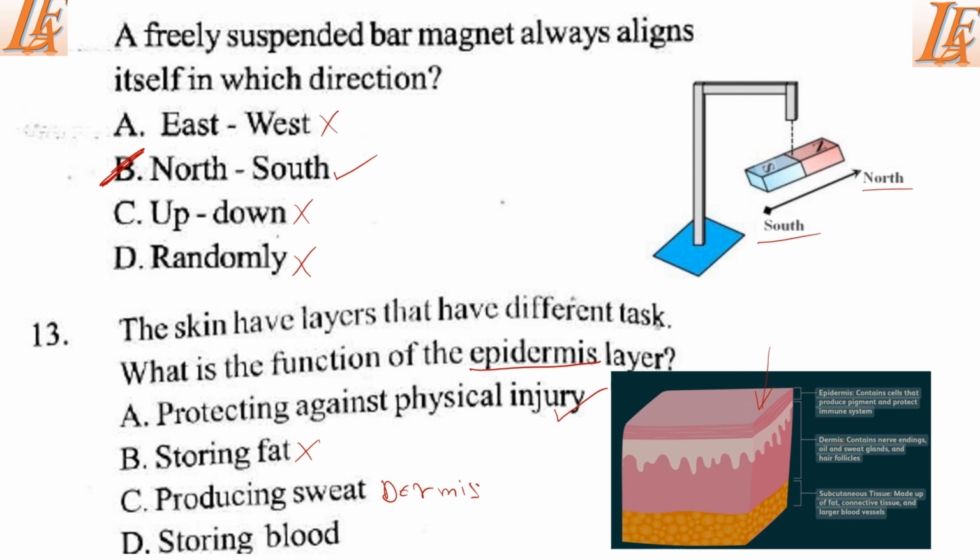And then D, storing blood. Blood is stored in blood vessels, so this one is not. So the correct answer in this case is protecting against physical injuries. The epidermis protects the skin from physical injuries.